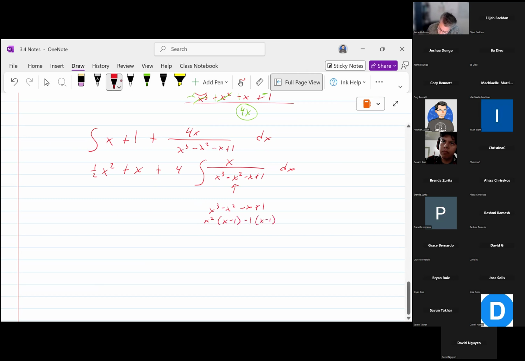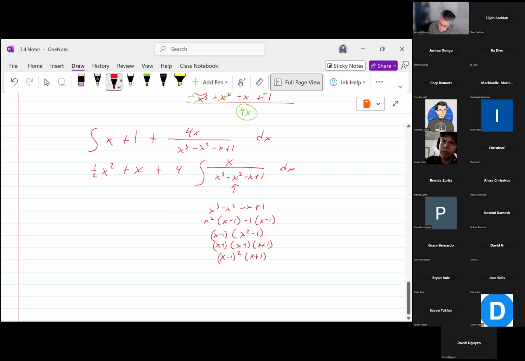Factor out the x minus 1s, identical twins here, and we get x squared minus 1. Well, x squared minus 1 can be factored as well. That's x minus 1 times x plus 1. So this actually ends up being factored into x minus 1 squared times x plus 1.